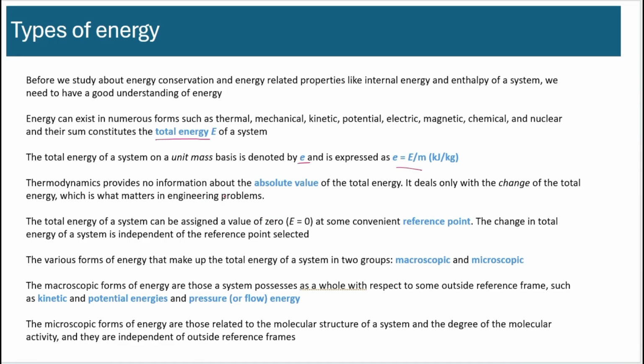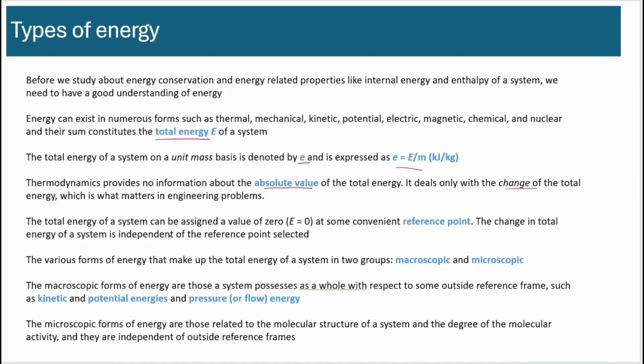Now it's hard to find what is the absolute value of total energy in a system. What thermodynamics provides is it helps you estimate a change of the total energy.